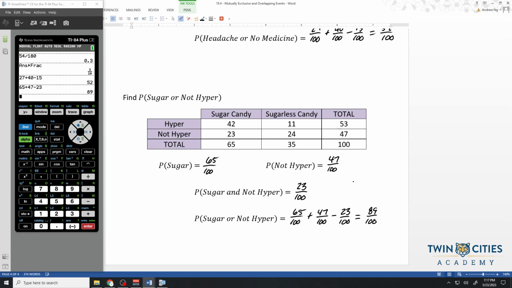Companies would use this all the time to better figure out who their base is, who's buying our clothes, who's buying our food, who's doing X, Y, or Z with our products or services. And this is really helpful information that you want to be able to keep with you as you move into the professional world.